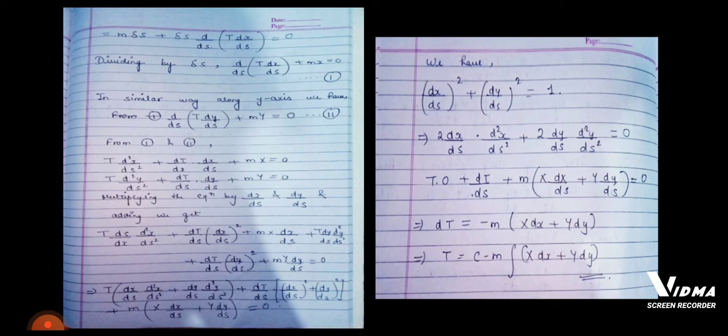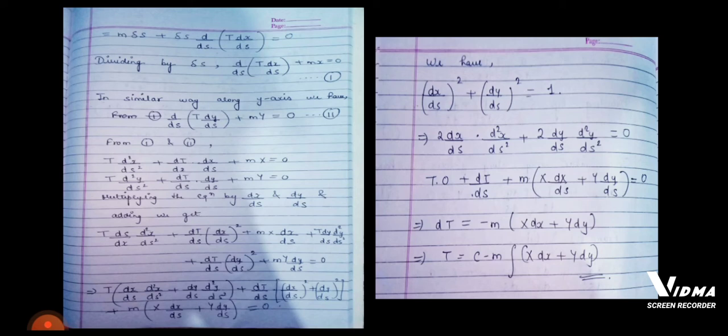Now if we multiply these equations by dx by ds and dy by ds and add these two equations, we'll get the equation T (dx by ds d square x by ds square plus dy by ds d square y by ds square) plus dT by ds ((dx by ds) whole square plus (dy by ds) whole square) plus m (x dx by ds plus y dy by ds) will be equal to 0.